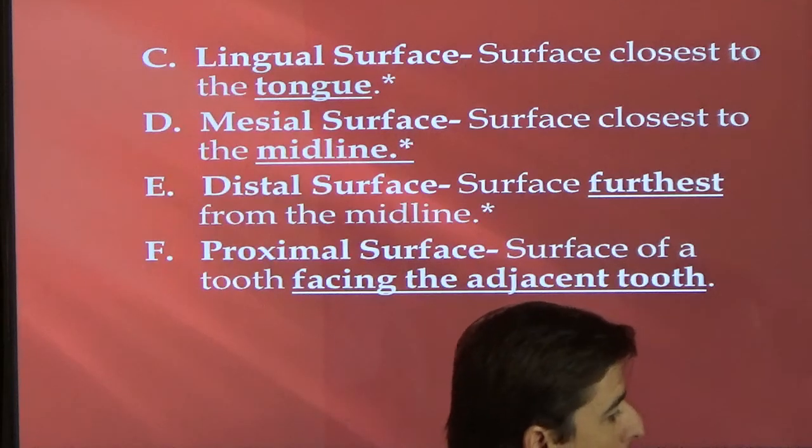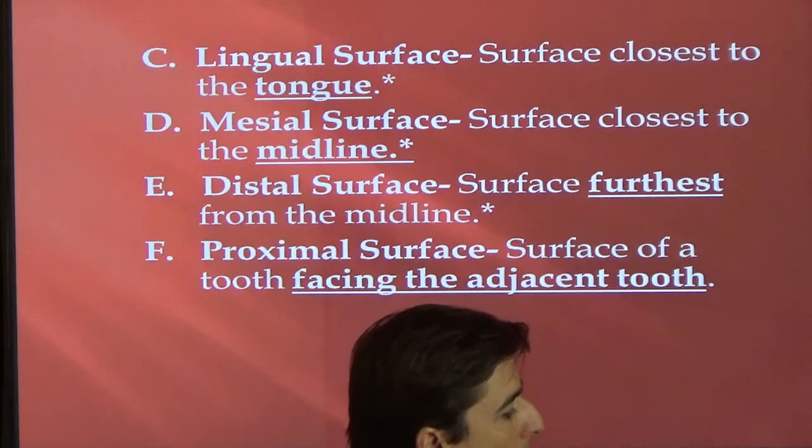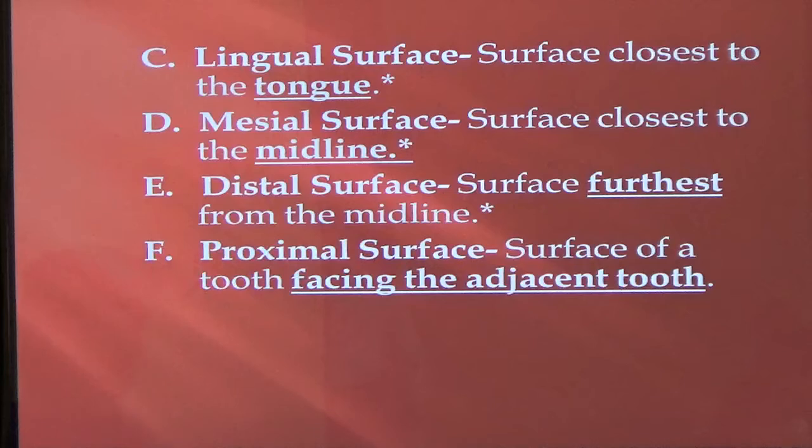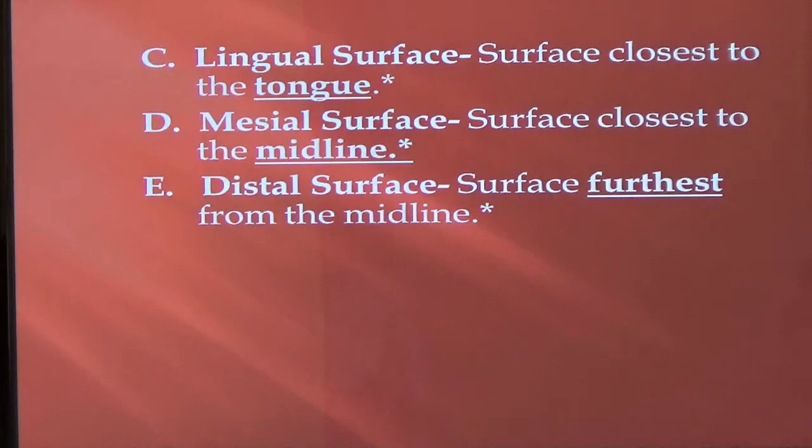So those two teeth, this area right here is the proximal surface. On one tooth it would be the mesial; on this tooth, if the middle is over here, this would be the distal, and this would be the mesial of that tooth. But that area is the proximal surface of each tooth.